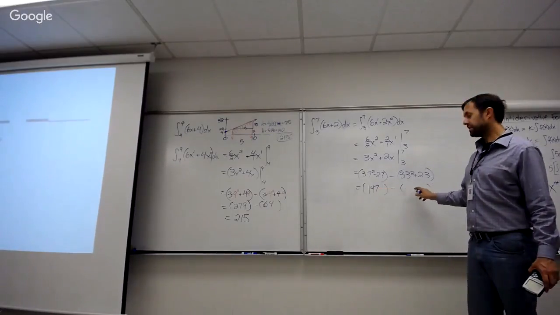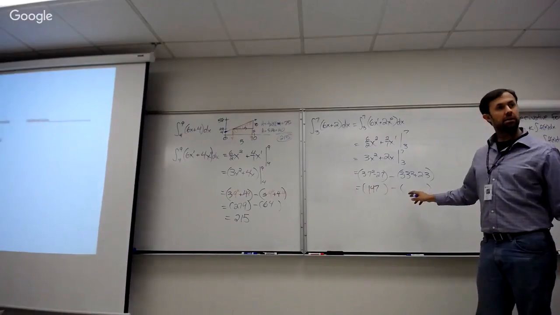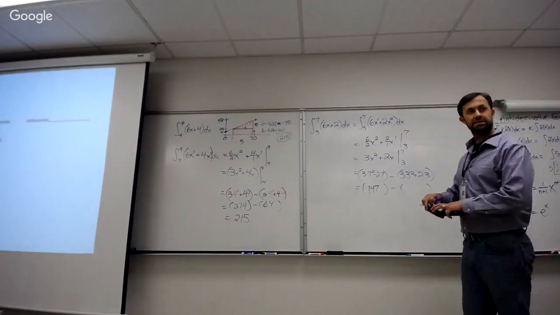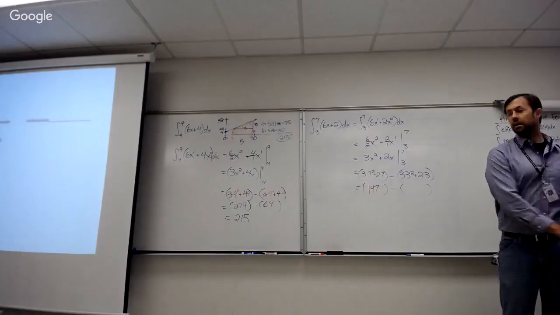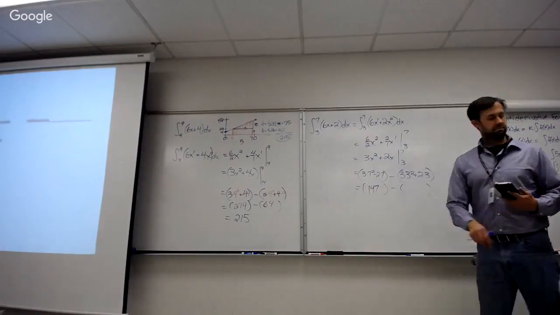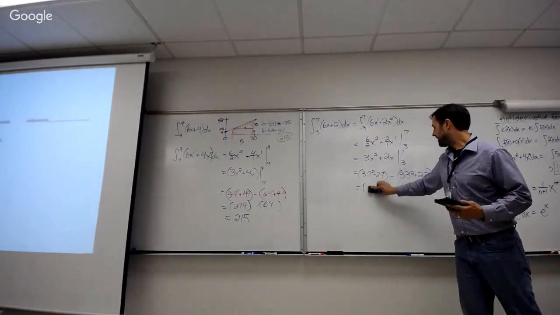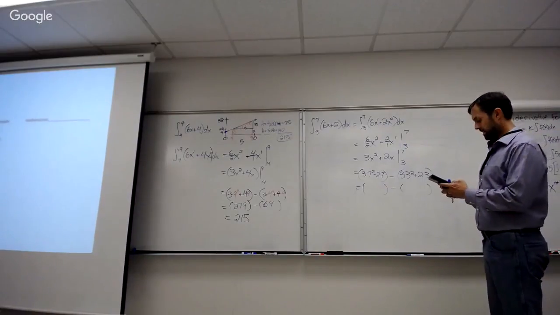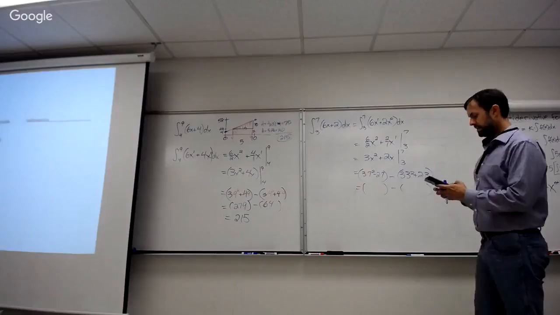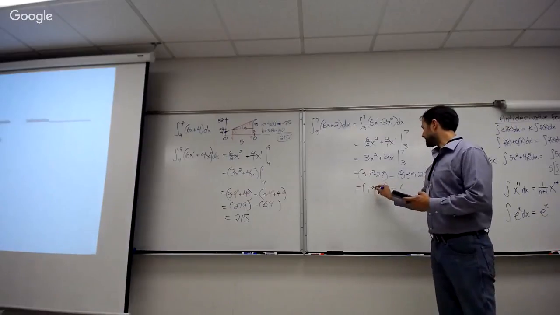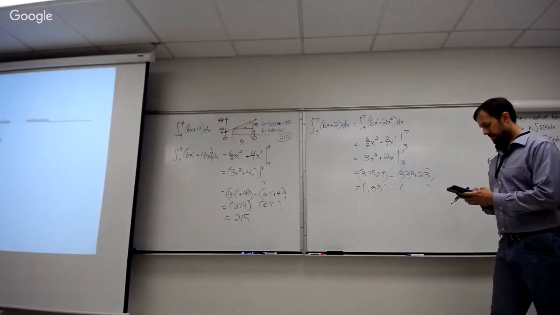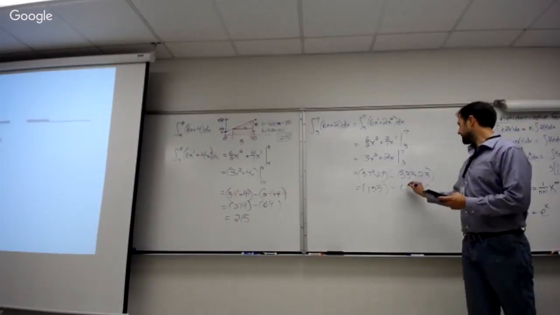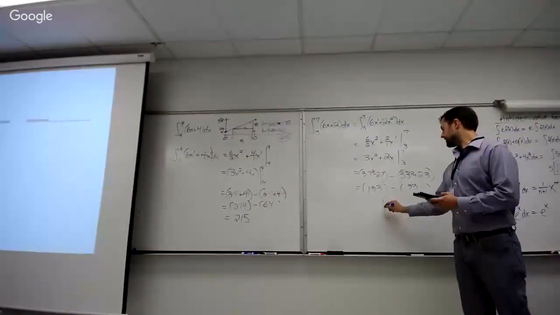And then what was this one? Oh, were you telling me the first part, James? Yes. Okay, so 147 minus 14, that's 133. And then 27 plus 6, so that's 33. And it turns out to just be 100.